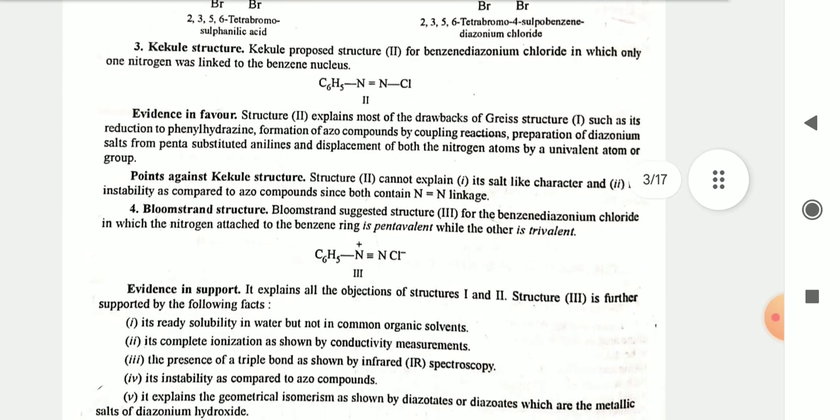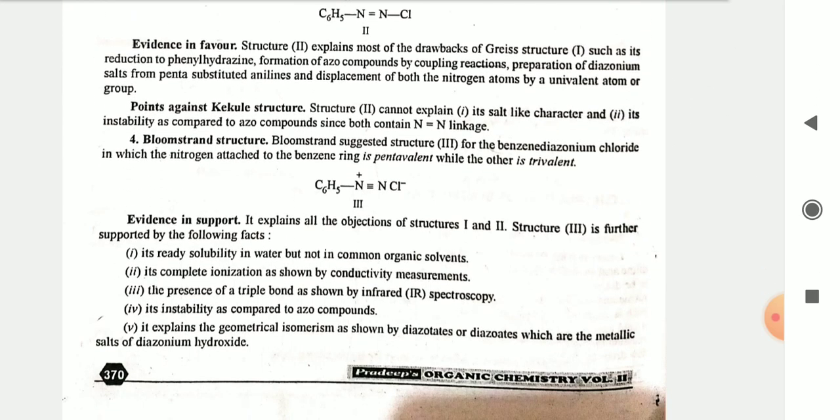Structure second explains most of the drawbacks of Griess structure, such as its reduction to phenylhydrazine, formation of azo compound by coupling reaction, preparation of diazonium salt from pentasubstituted aniline, and displacement of both the nitrogen atoms by a univalent atom or a group. Points against Kekulé structure. Structure second cannot explain, first, its salt-like character and, second, its instability as compared to azo compound, since both contain N=N linkage.